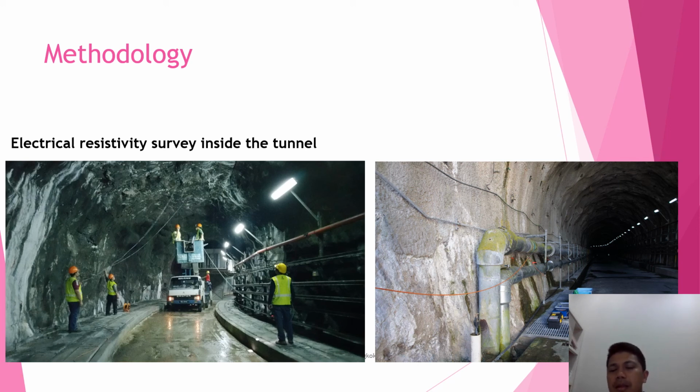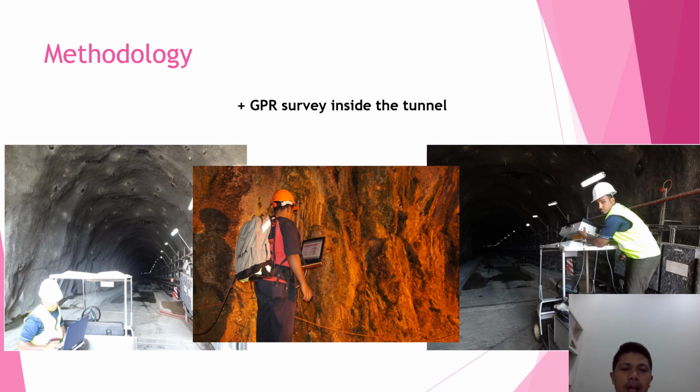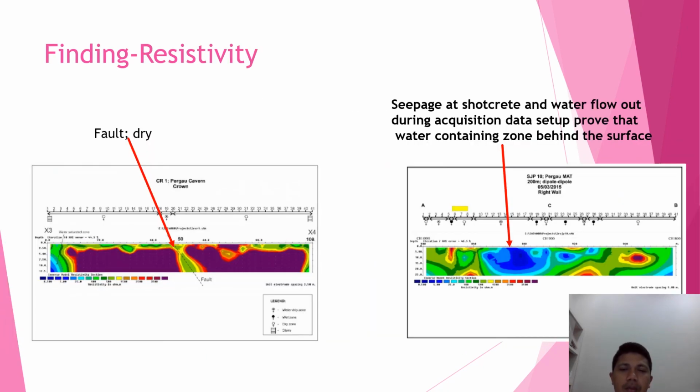And then this is the left side of the tunnel. We tried to identify the stability of this tunnel, and we put the GPR to correlate with the resistivity result, and then we tried to establish the correlation between resistivity and GPR results. Okay, you can see very clearly here the near surface result using the resistivity method to map the tunnel stability.